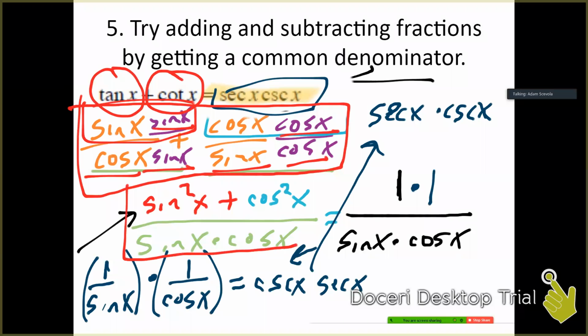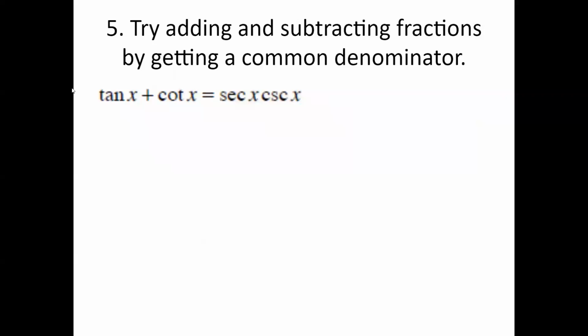Then we wrote it over one denominator. Then we simplified it by plugging 1 in for sine squared plus cosine squared. And then broke it up and then substituted. Cool. Any questions? All right.